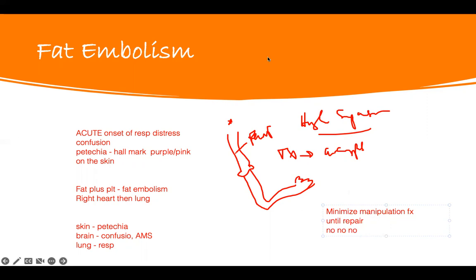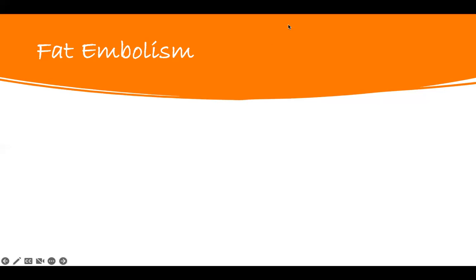This is usually a who-do-you-see-first question, but you have to have high suspicion about bone or trauma, and what kind of fracture is a long bone, like a femur. Then you'll be able to make the diagnosis and pick that patient. It's still pulmonary embolism, but the source is fat. Okay, good.